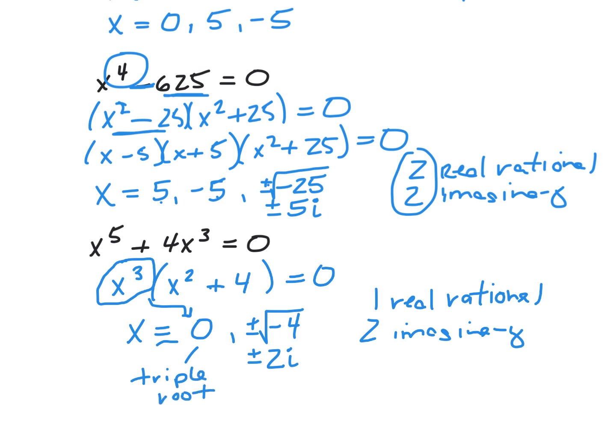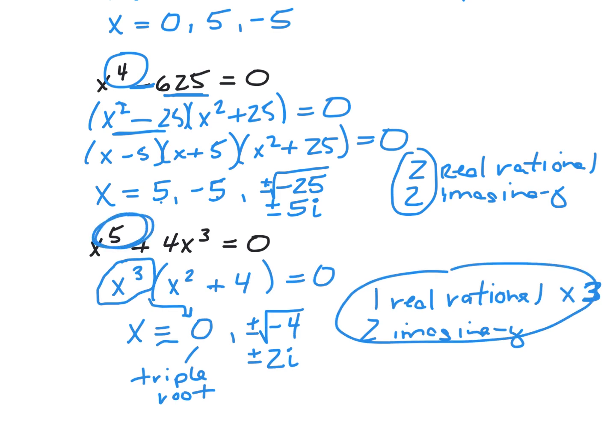So that basically counts as 3 of them. So I've got the 1 times 3 and the 2, which together is going to give me 5, which was a 5th degree equation. So these are some examples of how to solve the equations and determine the number and the type of root.